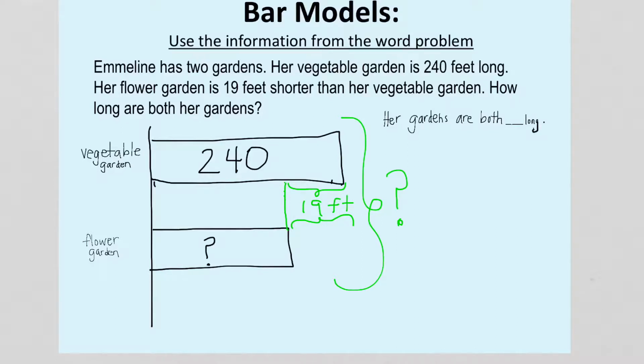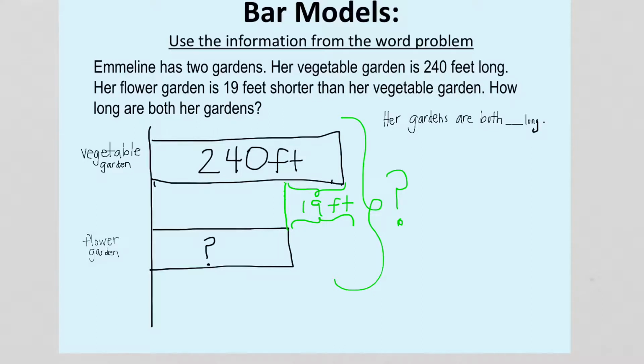How would you solve for how long Emmeline's flower garden happens to be? We know it's going to be shorter than 240 feet. I like to put those units. So do you think this is addition, subtraction, multiplication, or division?